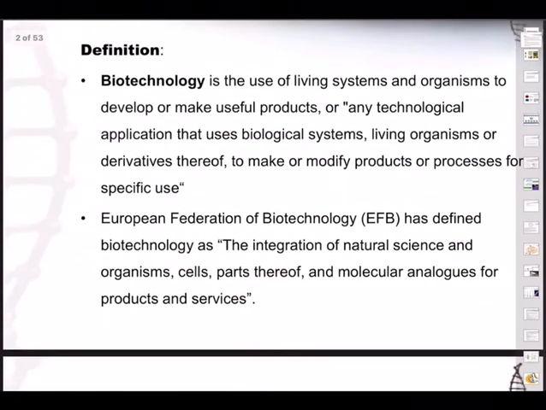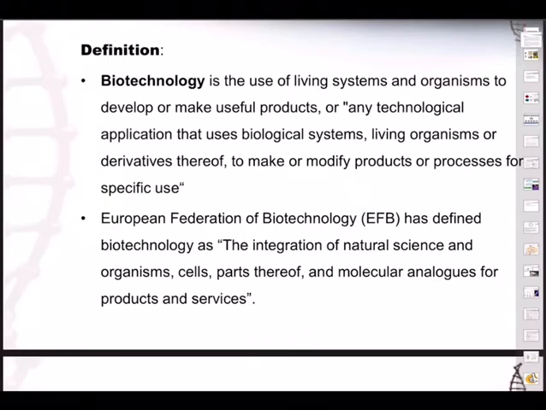And what are we saying? Yes, biotechnology is the use of living systems and organisms. So we can use the entire bacteria, entire virus or systems of it to develop or make useful products. What is the purpose? Why are we using this? To make useful products or to develop further.